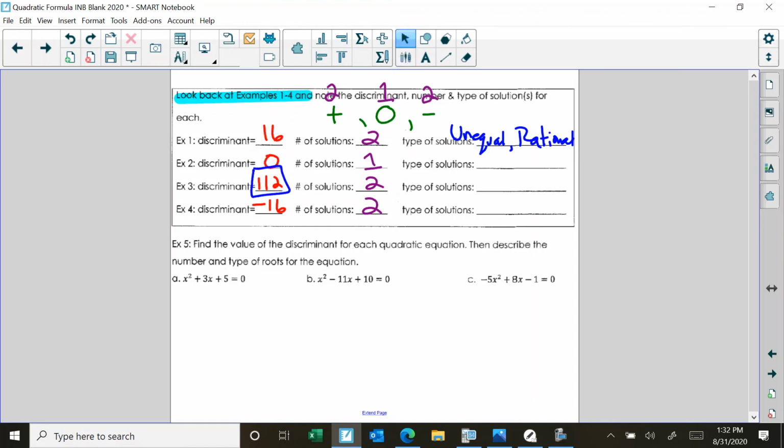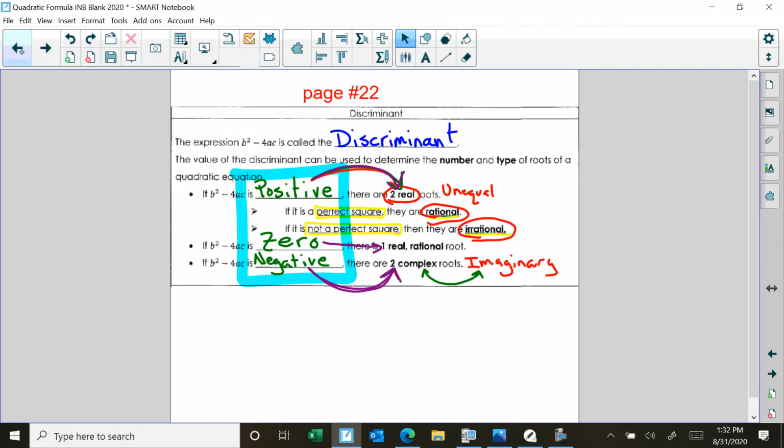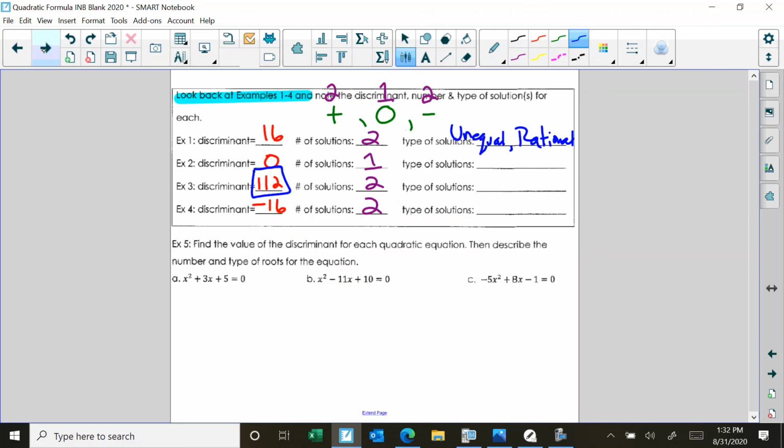Talking about positive numbers, and this all, again, it comes from this chart. Perfect square says they're rational. Non-perfect square says it's irrational. So this 112 is also going to have unequal answers, meaning they are different, but they're going to be irrational, meaning it's going to have a radical in its answer.